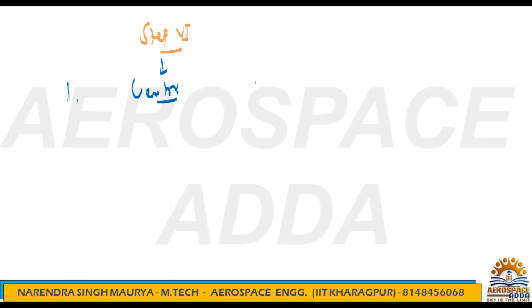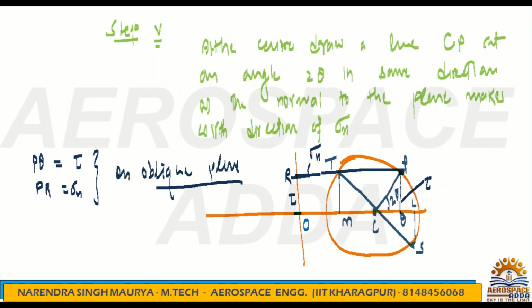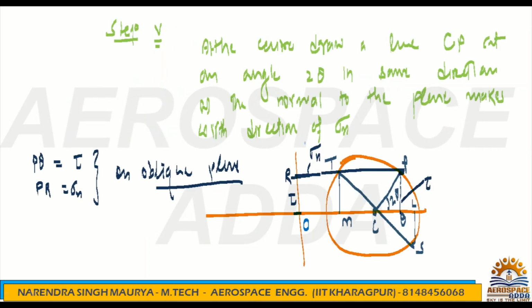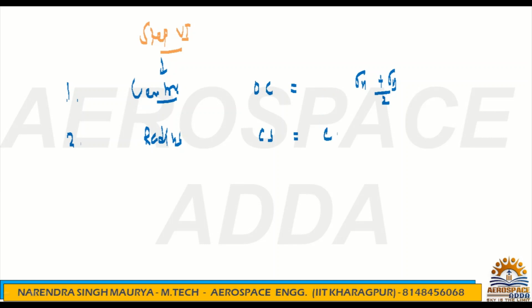Calculate the value. Number 2, radius. What is the radius? Where is the radius? The radius is nothing but CS, or also it is nothing but CT.